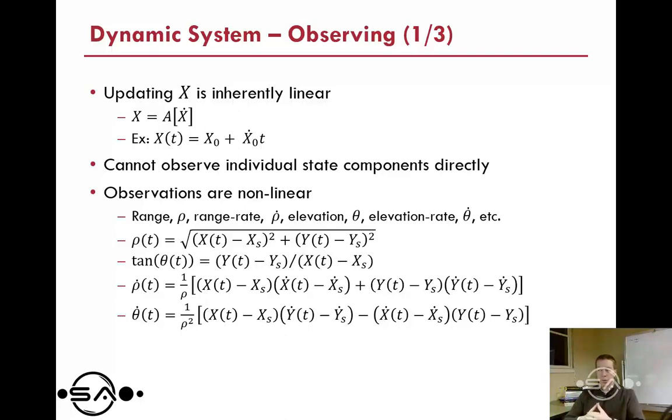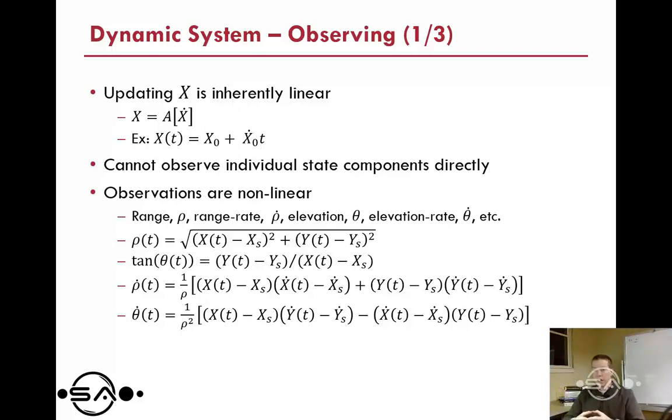So for example, the state vector at some time t is equal to the initial state vector plus the rate of change times t. We can't observe the individual state components directly, so I can't observe the position x without observing others, and that's because our observations are nonlinear.